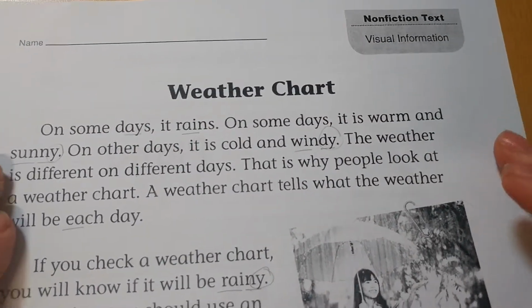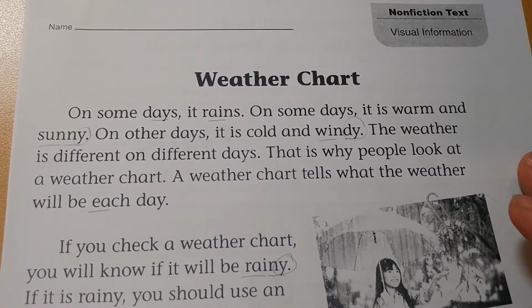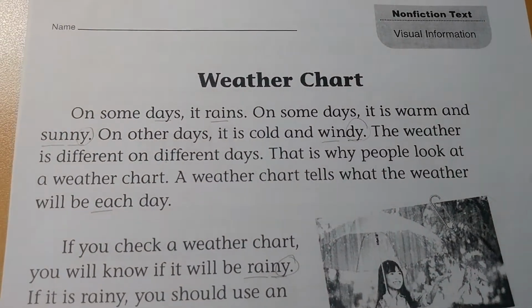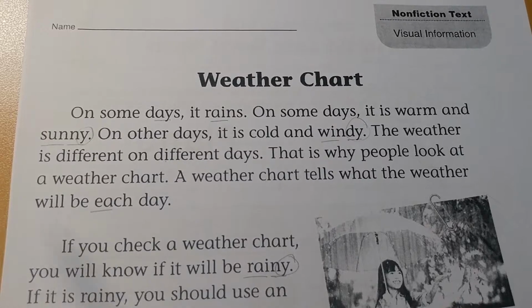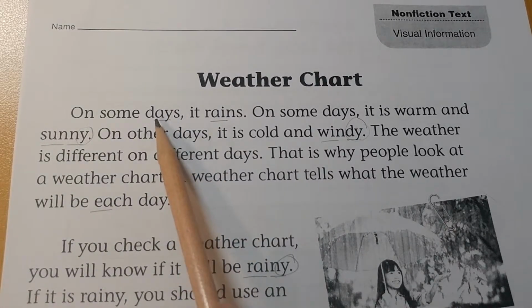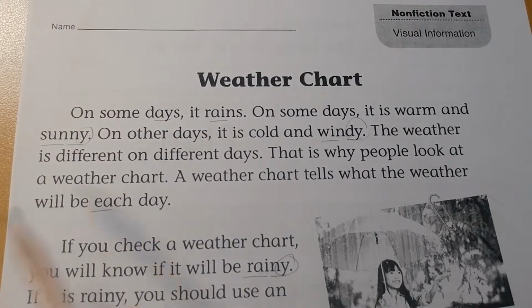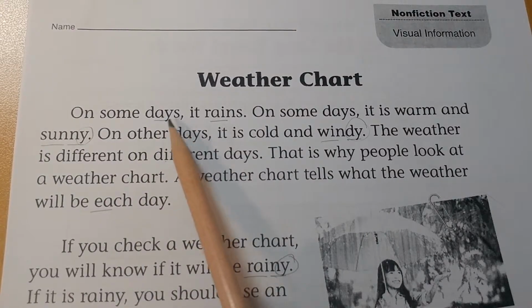Okay, the same as our first week, I want you to focus on the sounds of the words that we've already studied. In the first paragraph, there are a couple different sounds I want you to focus on. Do you remember the AY sound? What sound does AY make? That's right, it's a long A sound. So we have A's, days.